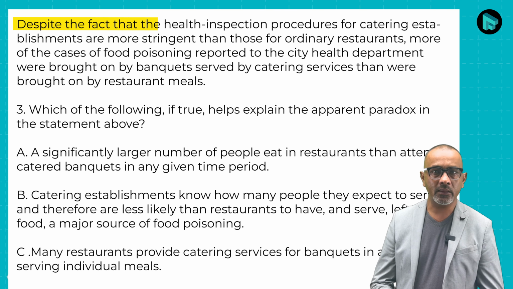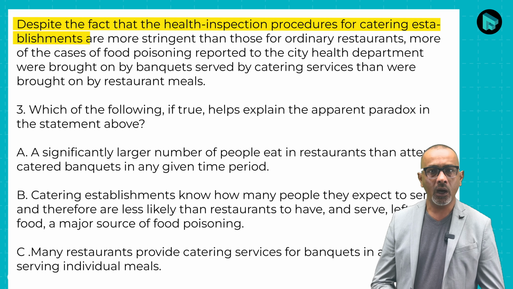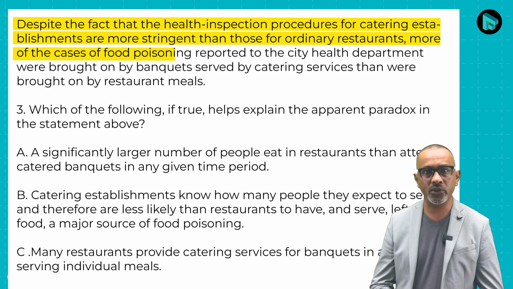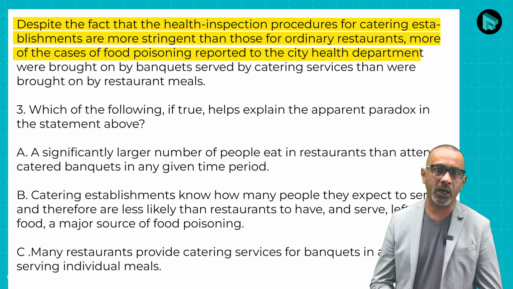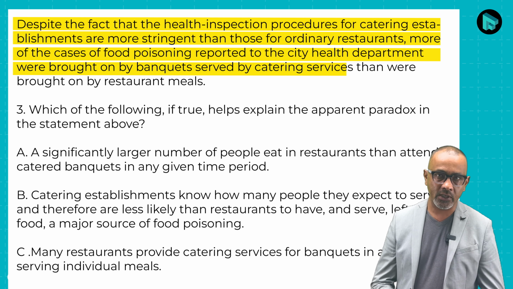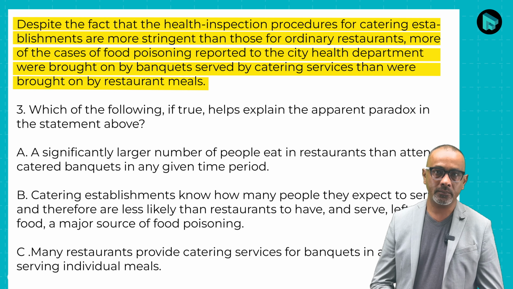Despite the fact that the health inspection procedures for catering establishments are more stringent than those for ordinary restaurants, most of the cases of food poisoning reported to the City Health Department were brought on by banquets served by catering services than were brought on by restaurant meals.